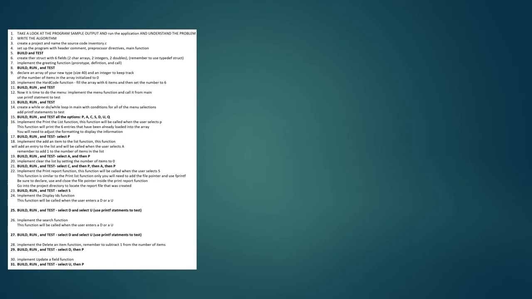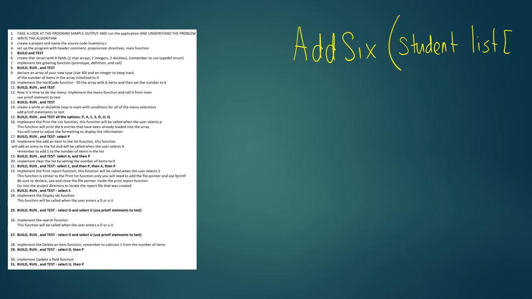The add 6 function. So this is the function definition for add 6. This function is going to take as its argument a student array called list. You can name it whatever you want. List will be the local name for this function. It's also going to be the name here.